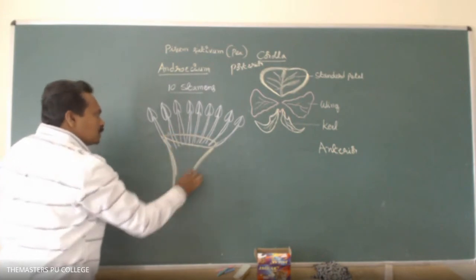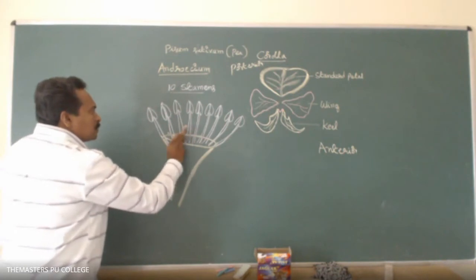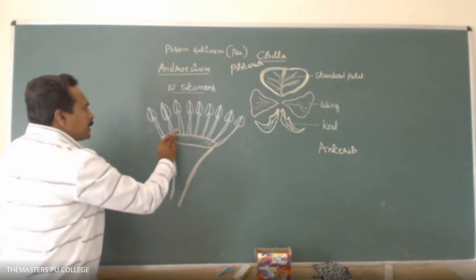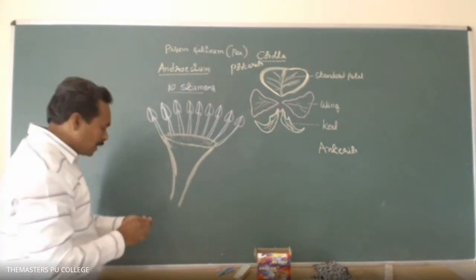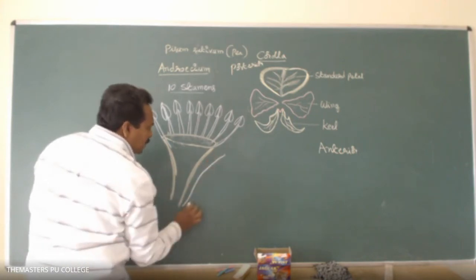The filaments of the stamens are united, fused to form one bundle. And the remaining one stamen forms the next bundle.